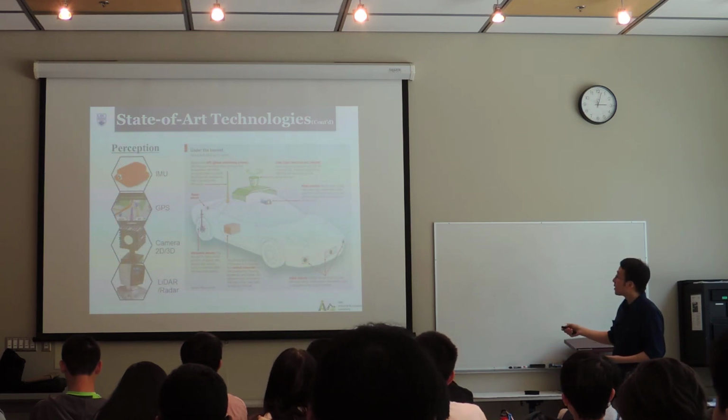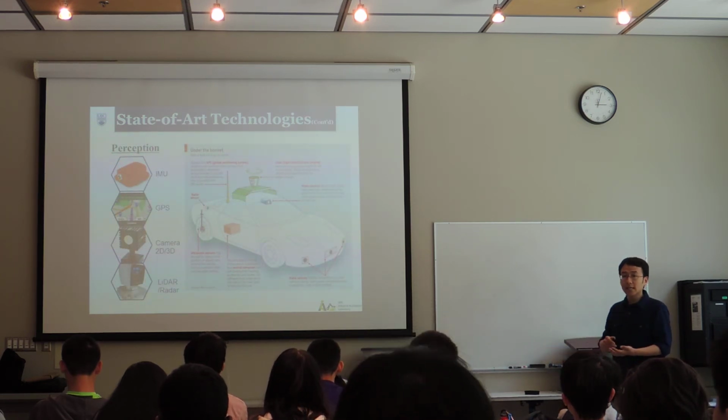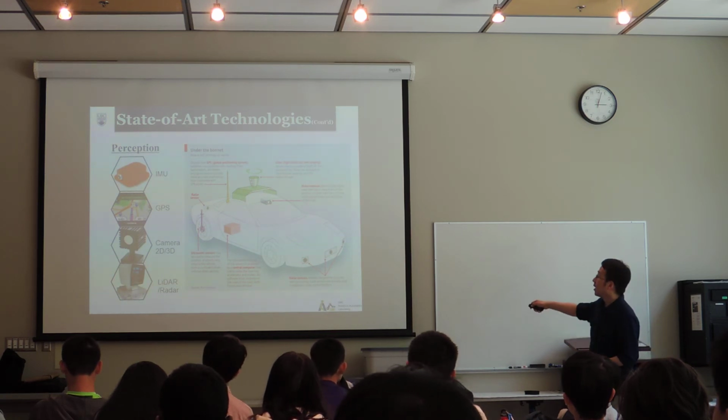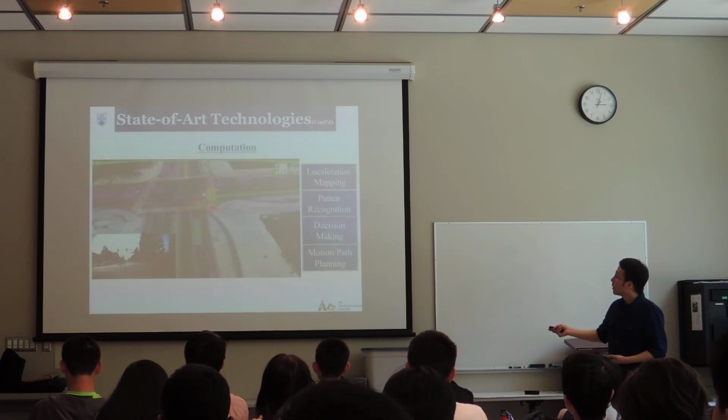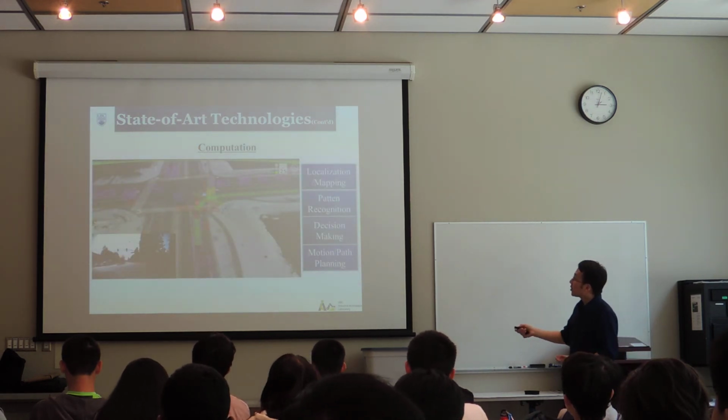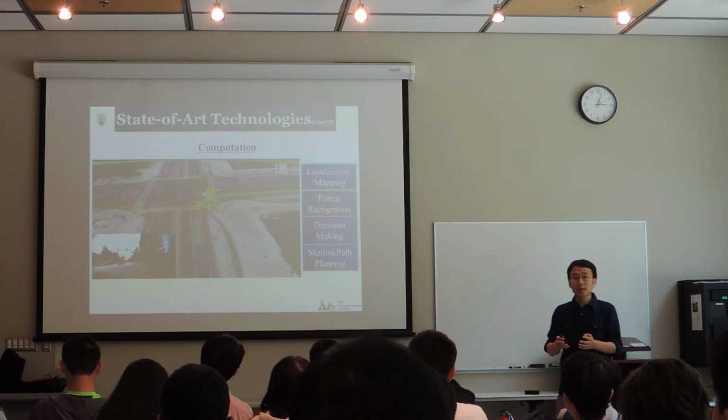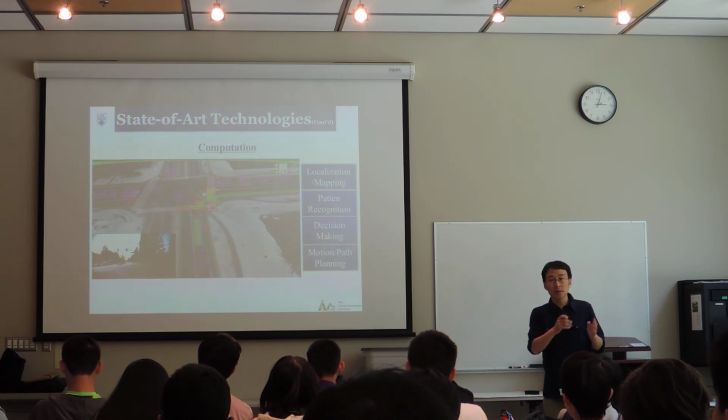So this frame is kind of a typical setting of how to set the sensors around the car. This picture gives you a simulated environment of how the car sees the environment.